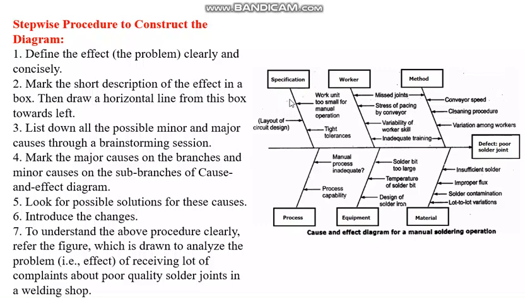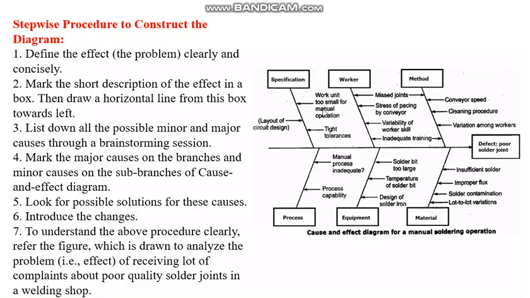For example, the defect may arise because of the specification. It could be because of the layout of the circuit design, some problems with the layout, or because of the work unit being too small for manual operation.